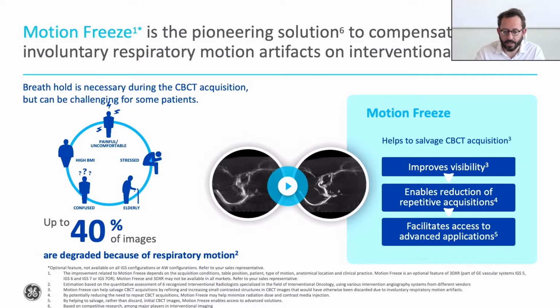Motion Freeze is a new software solution that aims to and manages to improve the visibility of the vessels and of the tumors, starting from a very degraded 3D acquisition because of the motion of the patients, and you will improve the image quality so that you can use that. It's not going to be perfect.